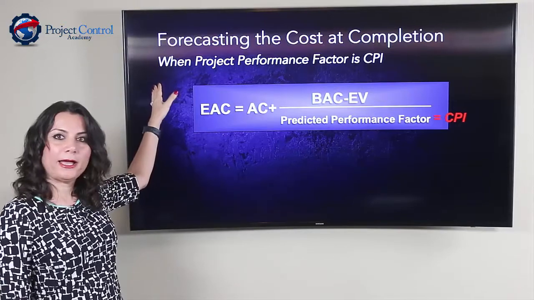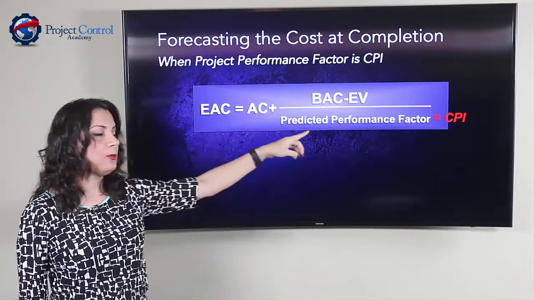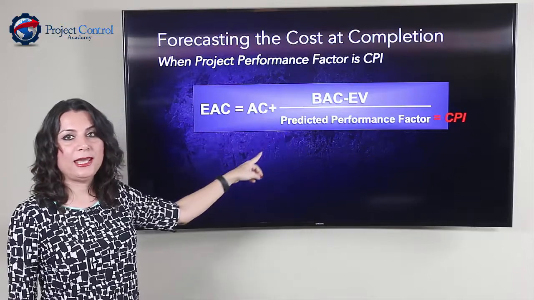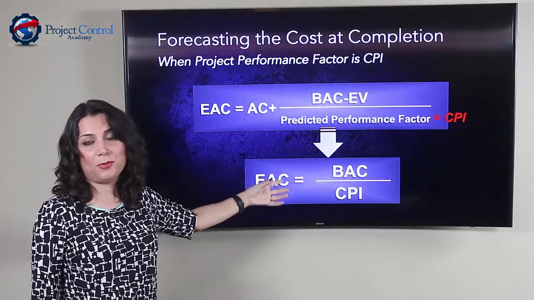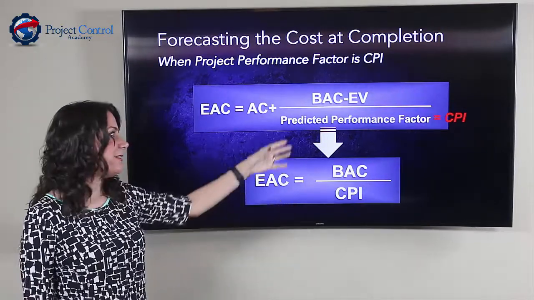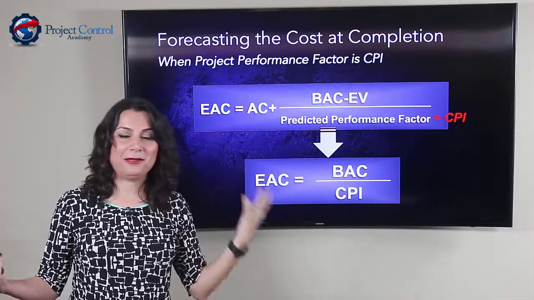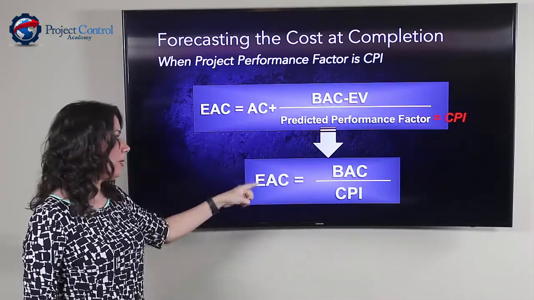So if my projected performance factor is CPI, and if I put CPI into that equation, that gives me this: my estimate at completion is basically my budget over CPI. And if you don't believe me, just replace CPI with earned value over actual cost, do that equation and come up with that.